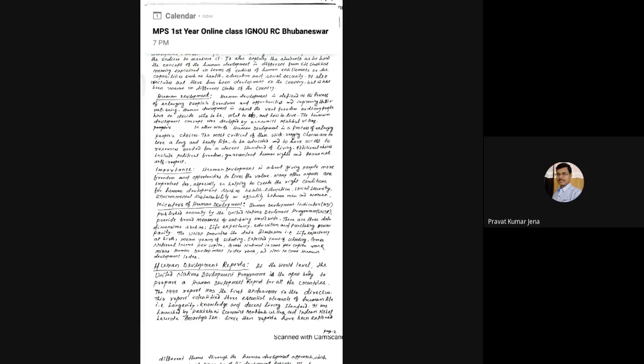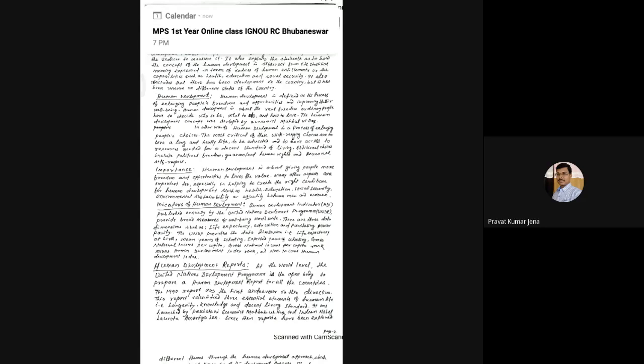This unit introduces the student to the concept of human development, different approaches to the study of human development, and the indices to measure it.